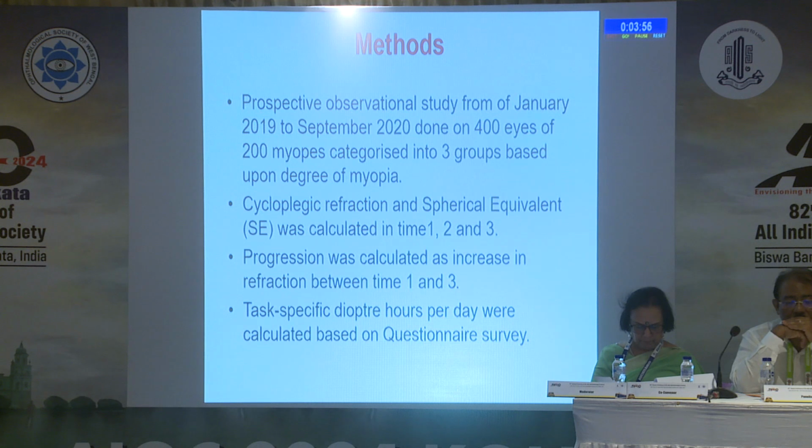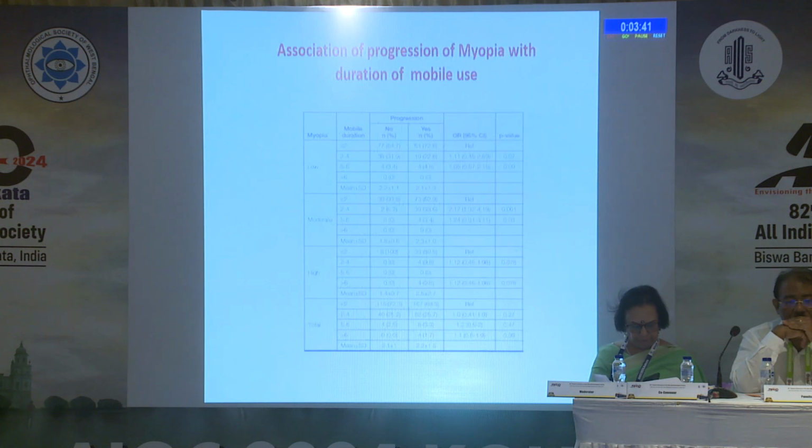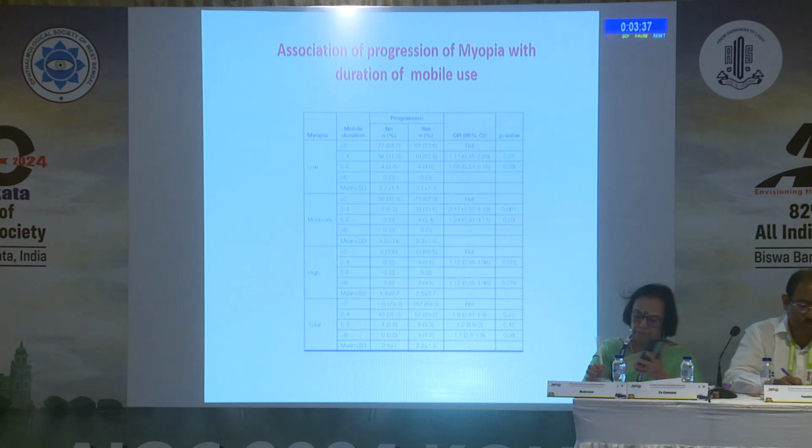A cycloplegic refraction and spherical equivalent was calculated at time 1, 2 and 3. Progression was calculated as the increase in refraction between time 1 and 3. A task-specific diopter hour was calculated based on the questionnaire survey. That dioptric hour is calculated by the number of hours used, the distance and the type of device used.